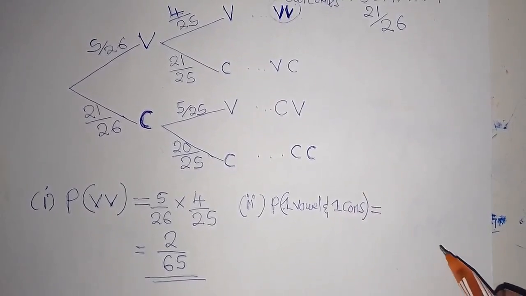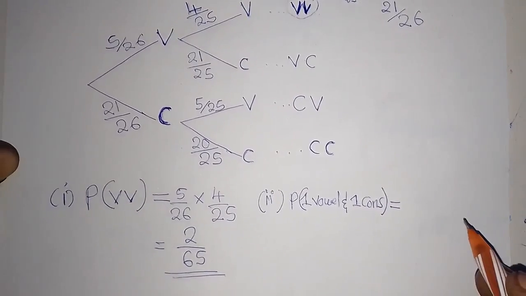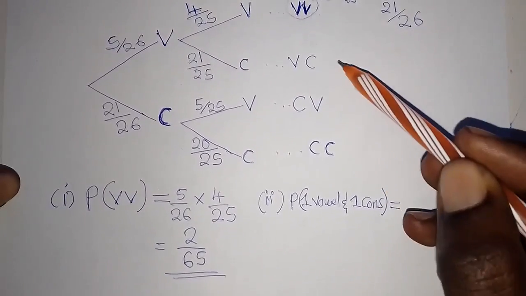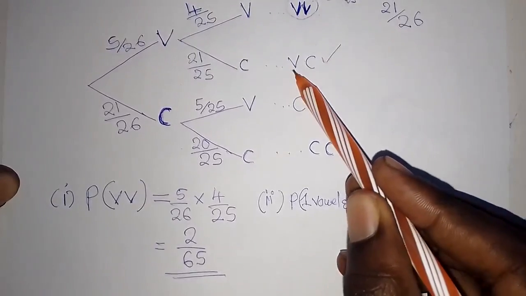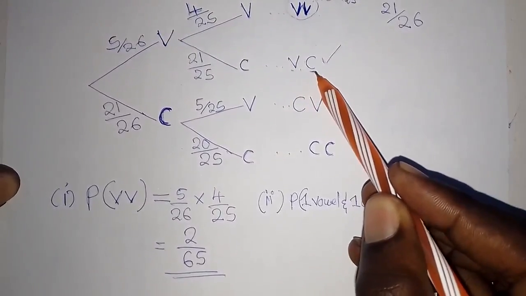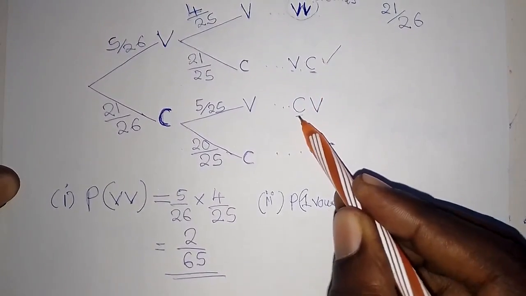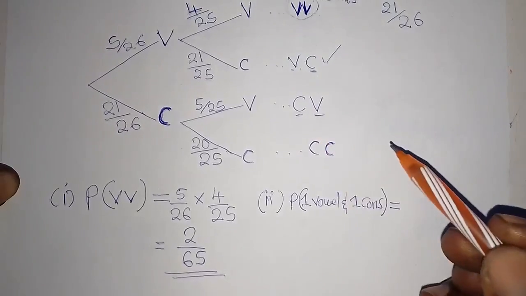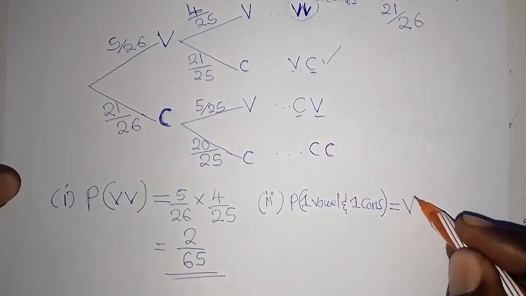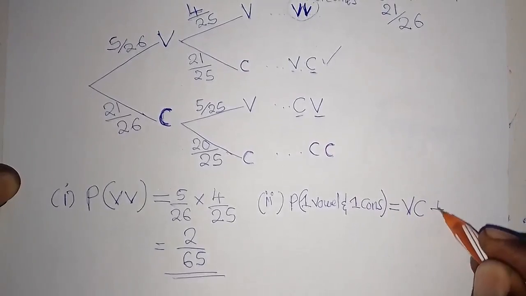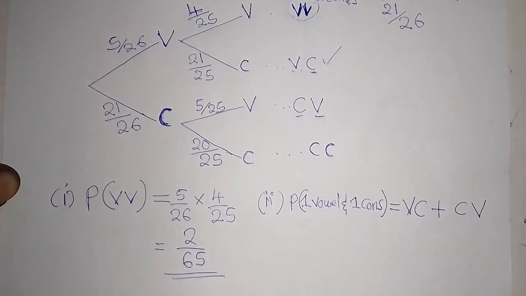So what you're going to get now are the answers. We've got one vowel and one consonant. Even here, one consonant, then one vowel. So we are going to get VC, then plus CV. We multiply here, then we add.